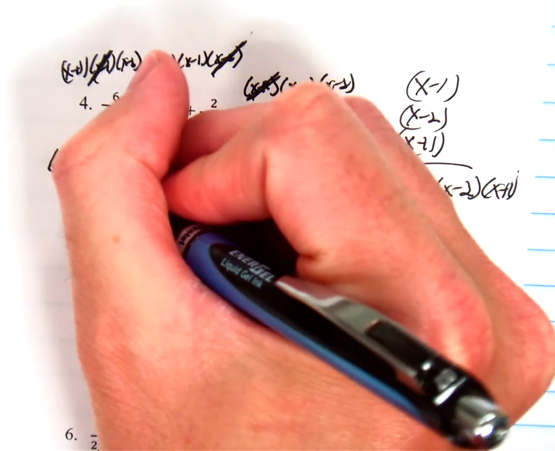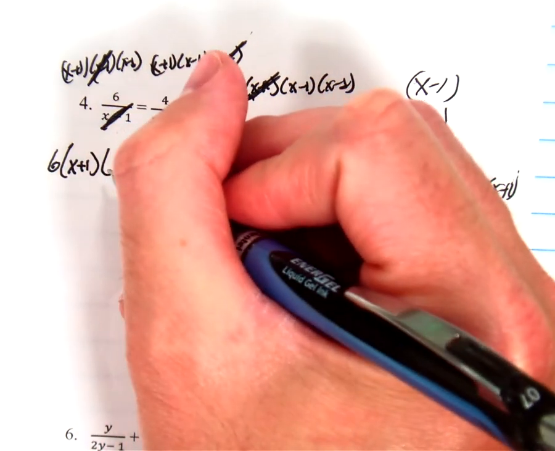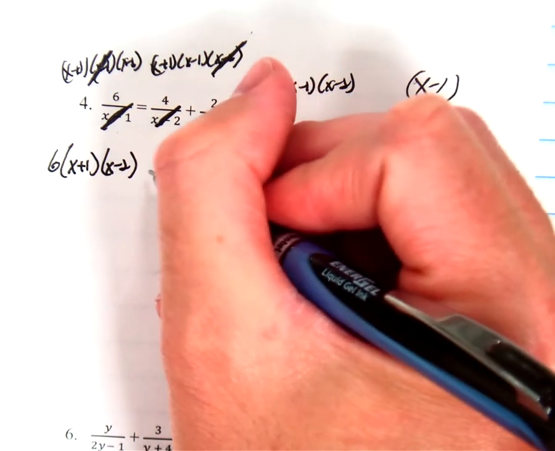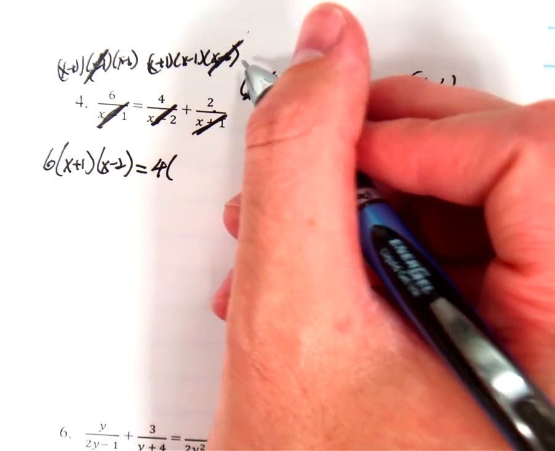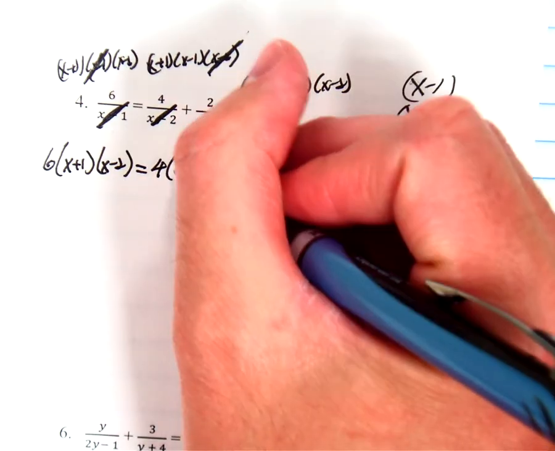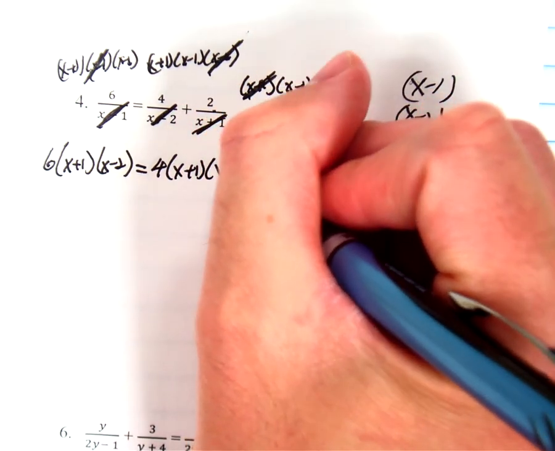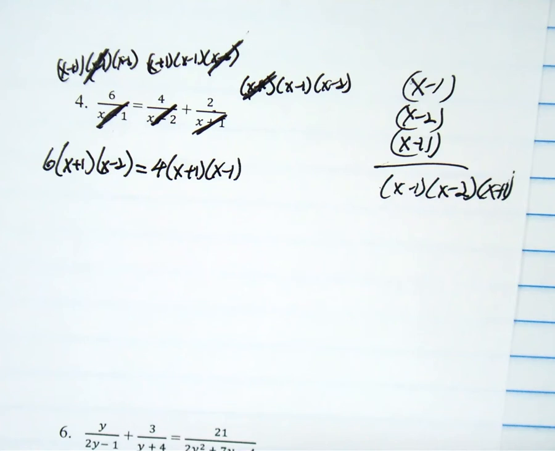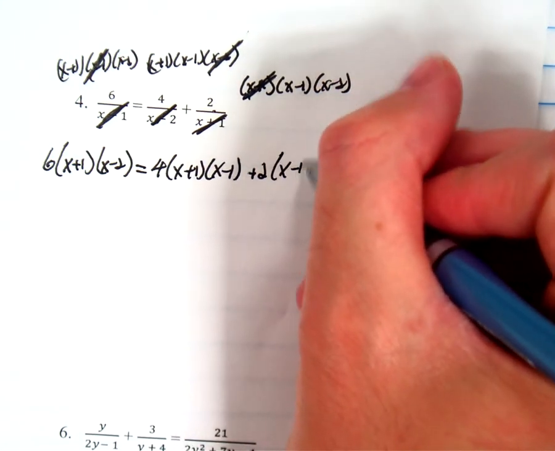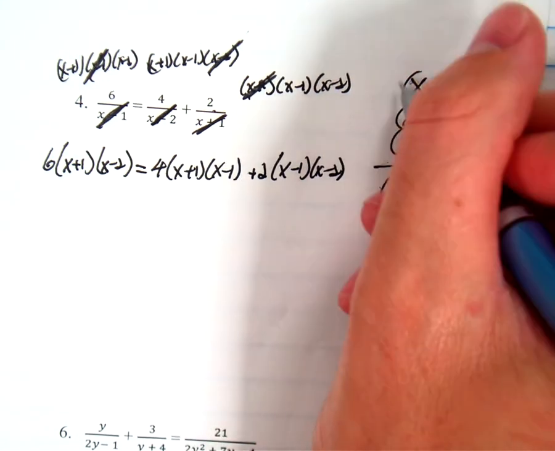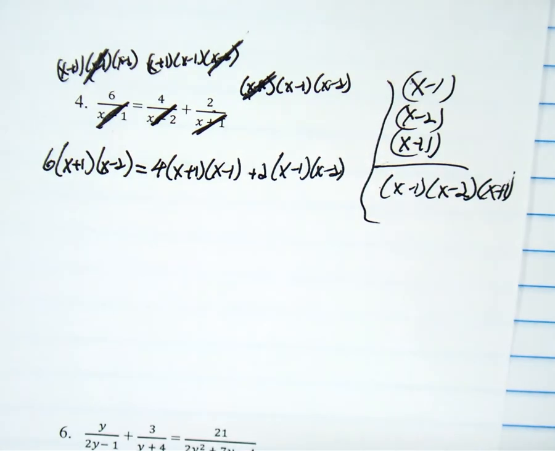So we got 6 times x plus 1, x minus 2 equals 4 times, what do we have left here? The x plus 1s canceled out, so we have x plus 1, x minus 1, and plus 2 times x minus 1, x minus 2.